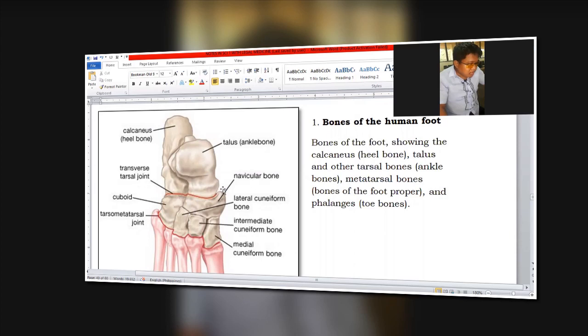Transverse tarsal joints, navicular bone, cuboid, lateral cuneiform bone, tarso-metatarsal joint, intermediate cuneiform bone, then medial cuneiform bone.